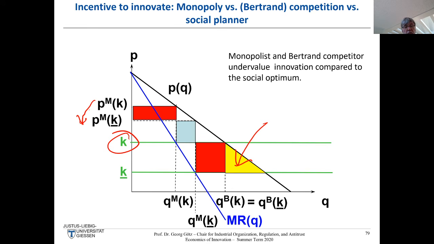But the point is that given that the monopolist has a lower gain from innovation, it's less likely that the monopolist would introduce this innovation. Okay, this is the consumer surplus effect, which I already told you, that firms cannot appropriate all returns from R&D.